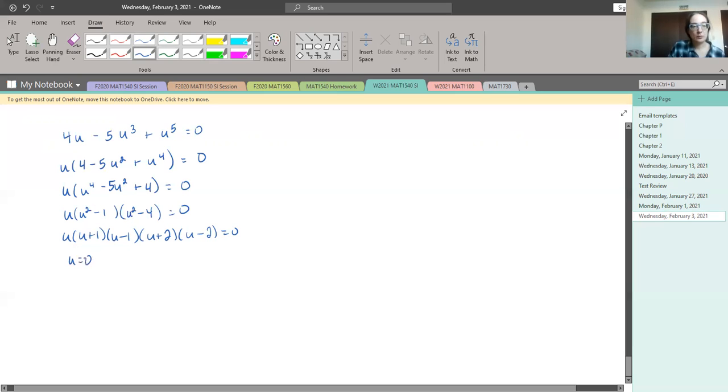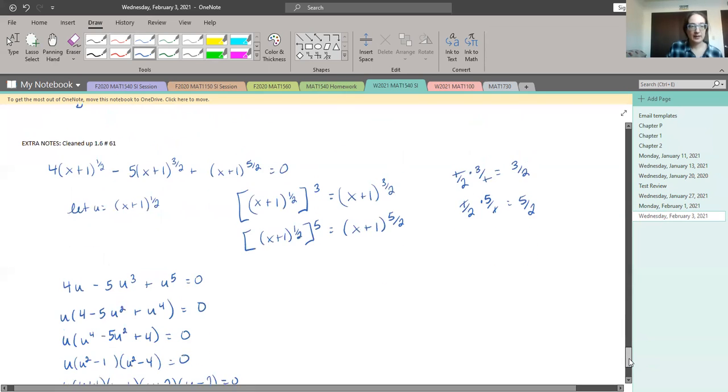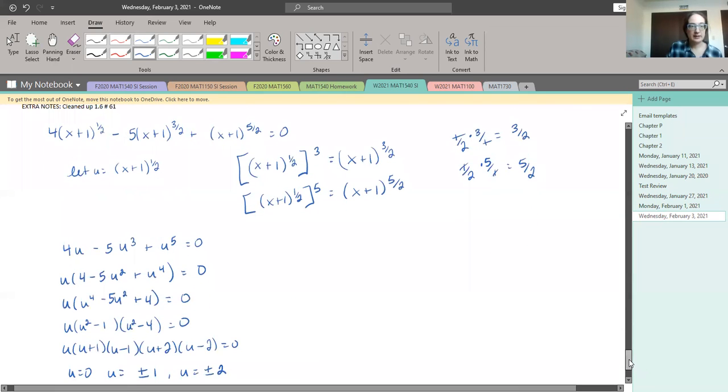So we have u equals 0, u equals plus or minus 1, and u equal to plus or minus 2. Well, we don't care about u. We care about the value of x. Let's plug these into this equation and solve for x in each case.